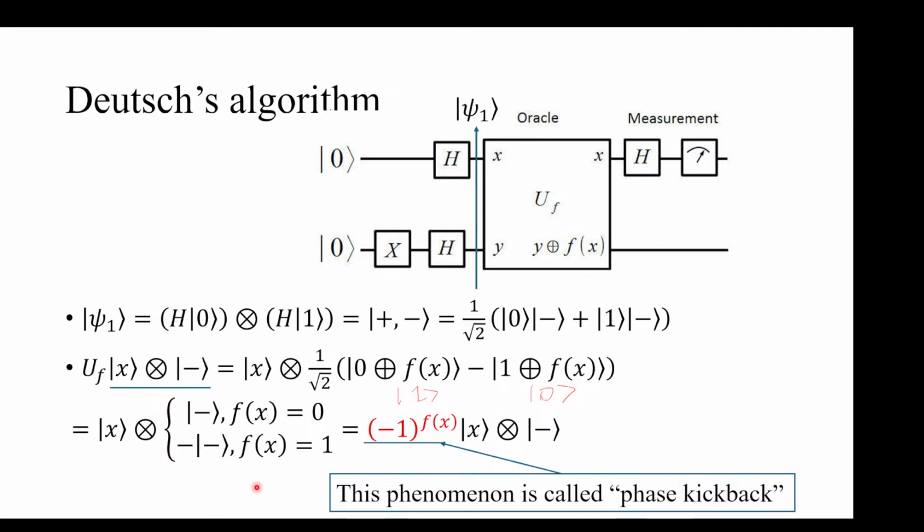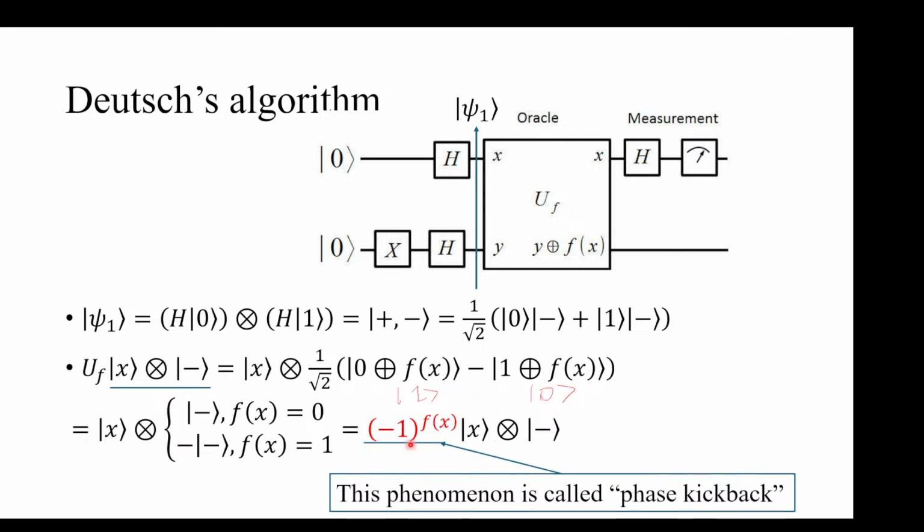And to write these two cases succinctly, we have this notation. It's minus 1 to the f of x, and then the whole state, x, always stays as x tensor minus. Okay, so you kind of have this phase, we call it global phase, but later you see that this is actually a relevant part.